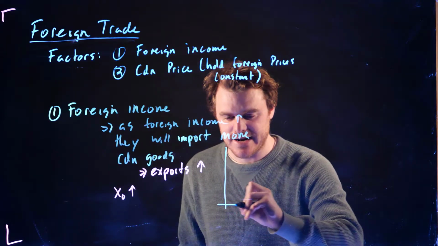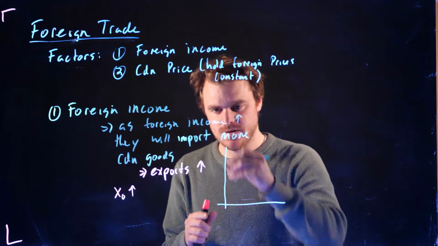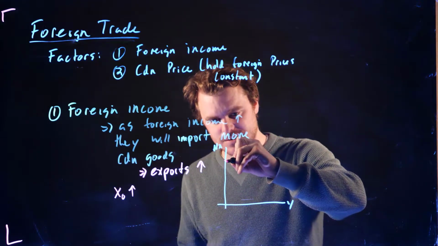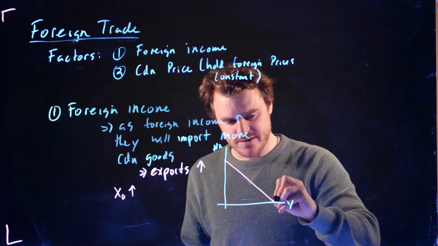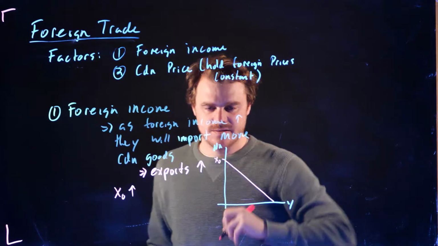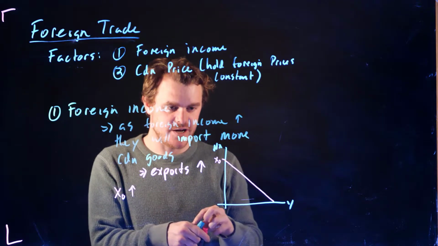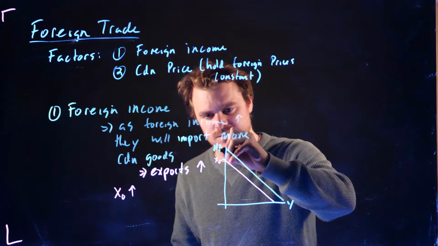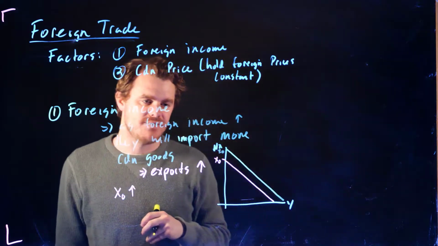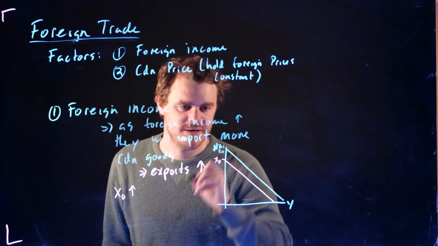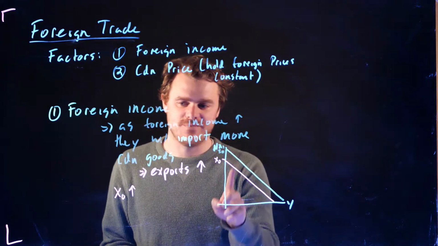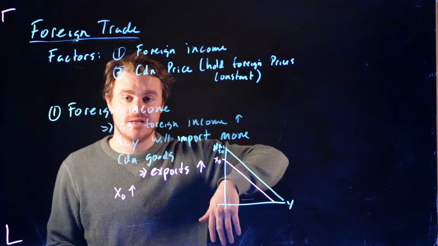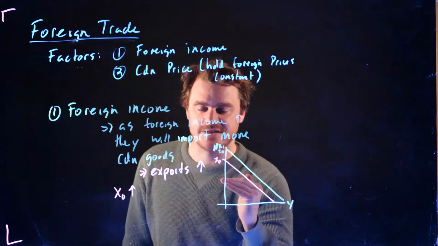So if we drew out our net export function, where the intercept was X0, it's just going to raise, it's not going to change the slope, which is just minus the marginal propensity to import. It's getting a bit messy here, but it's going to shift the function up. Whereas if foreign income goes down for whatever reason, then our exports are going to go down and this line is going to shift down.